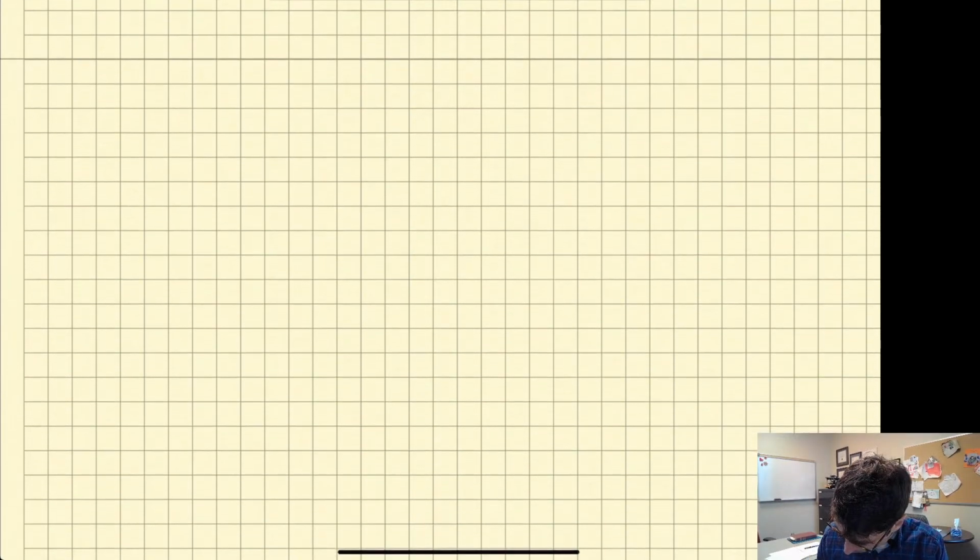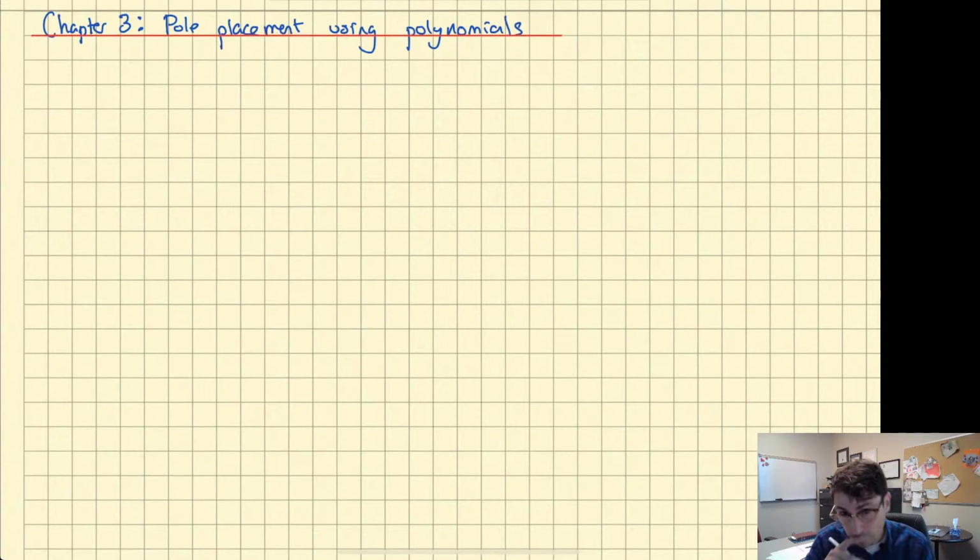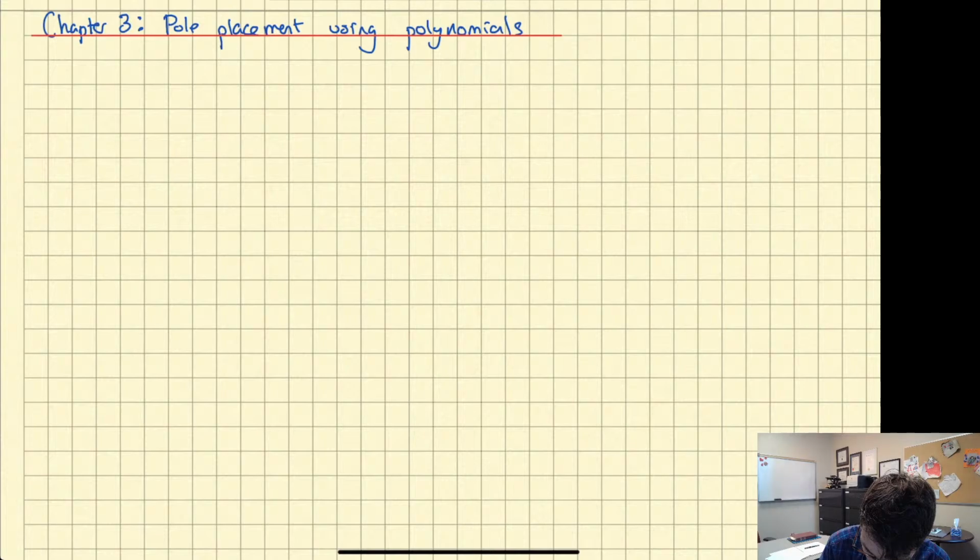So, chapter 3: Pole placement using polynomials. Okay, so we're going to have our standard unity feedback system, and so let's just draw it.